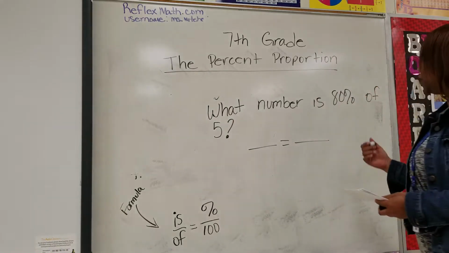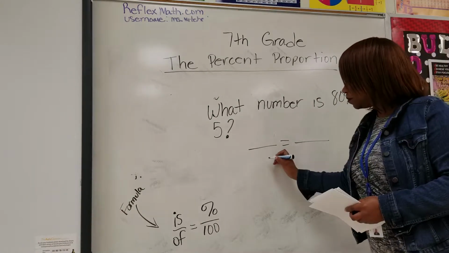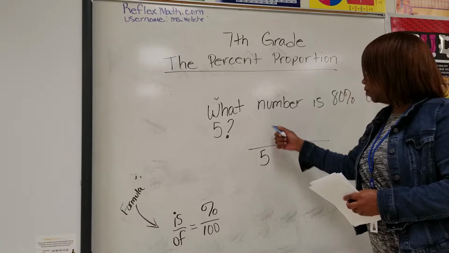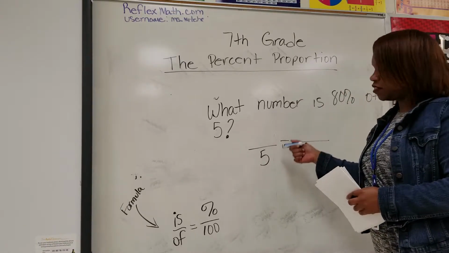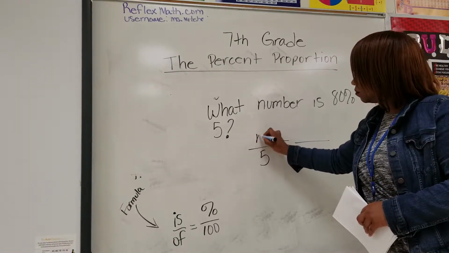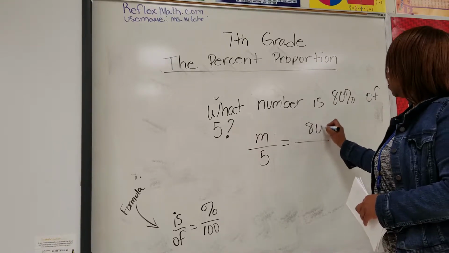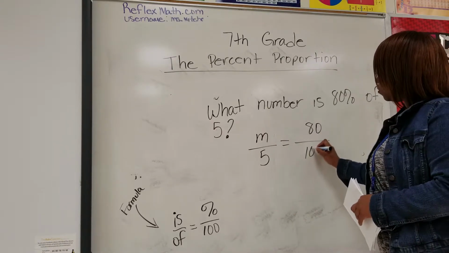All right, what number is 80% of 5? So we have our of, which is 5. What number is, that's what they're asking for. We represent that with the unknown. We'll go with M and 80%. And then we are 100.